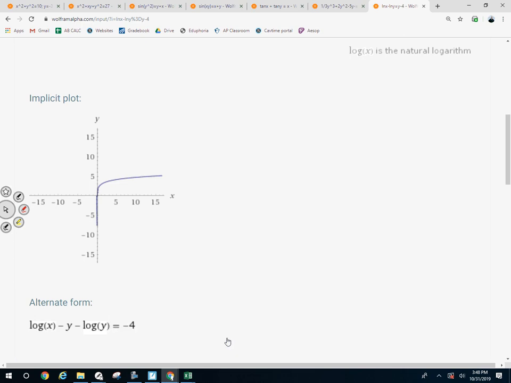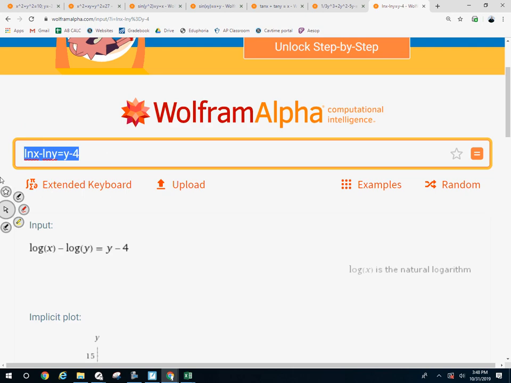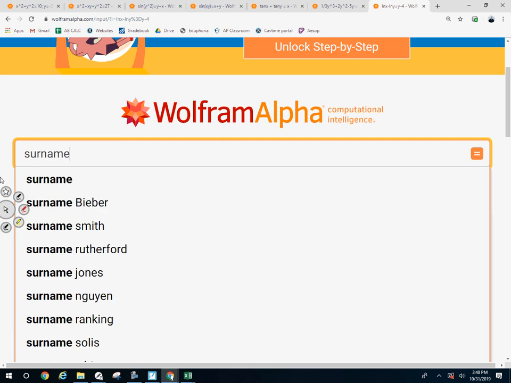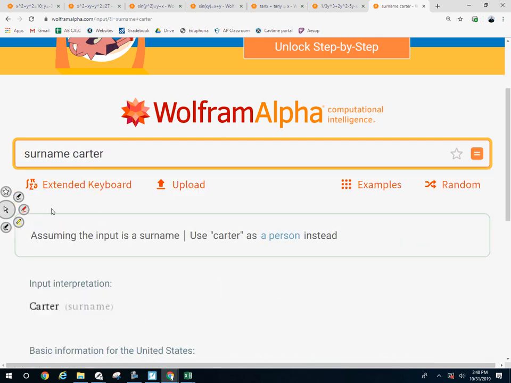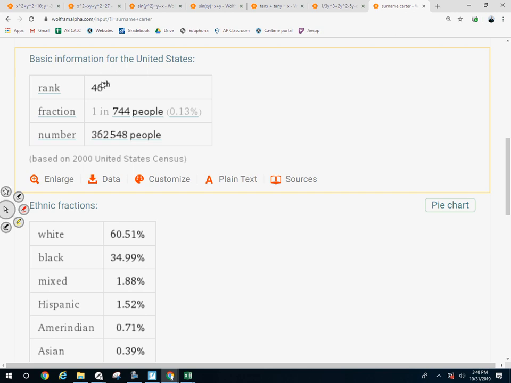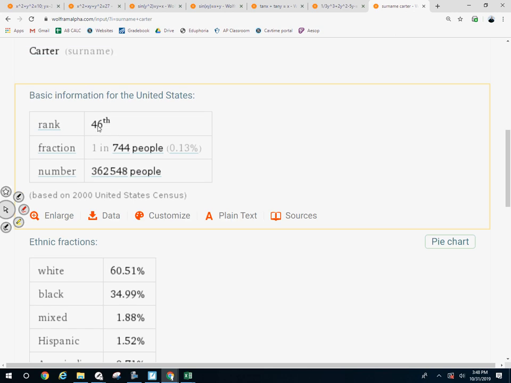So do you guys know about how great Wolfram Alpha is? Never heard of it. Oh, wow. It could take any derivative of anything. It could answer lots of questions using a lot of data. My favorite thing to do is to type in people's names. That's got to be surname, I think. Yeah, you're 46th in America for most popular name. 1 in 744 people have that name.